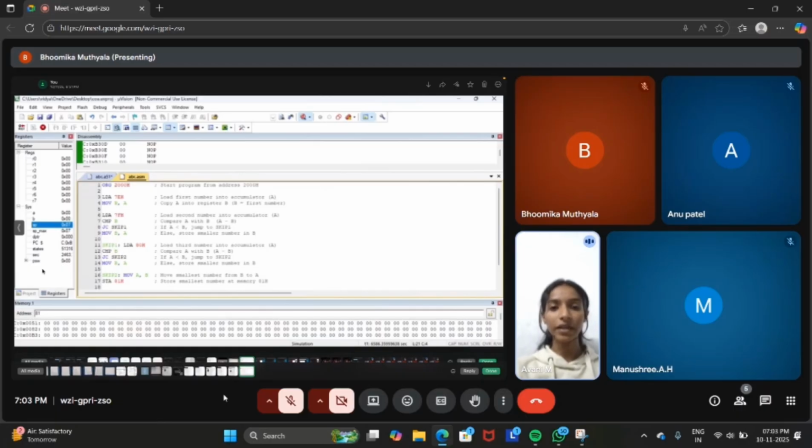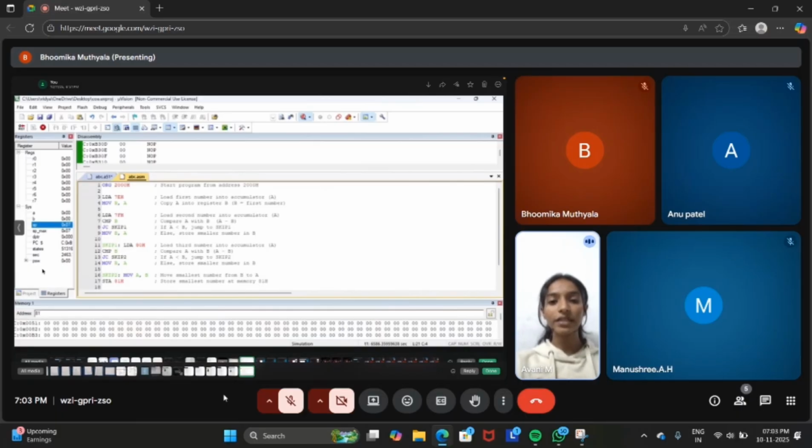Coming to the problem statement, the assembly code is to efficiently find the minimum value among three 8-bit unsigned numbers provided in memory and store the result in a designated memory location. Specifically, the program must retrieve the input values from addresses like 7EH, 7FH and 80H, perform a series of comparisons, and then deposit the smallest unsigned value into memory address 81H.